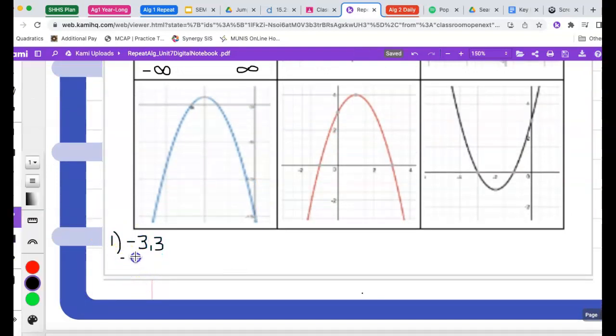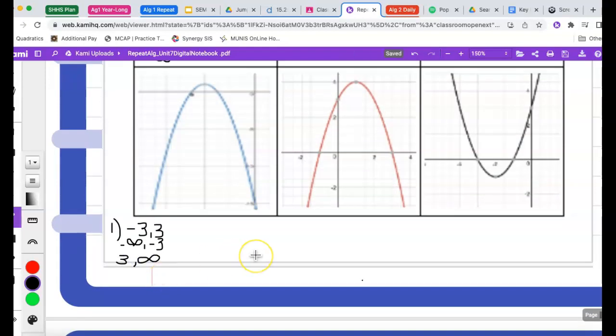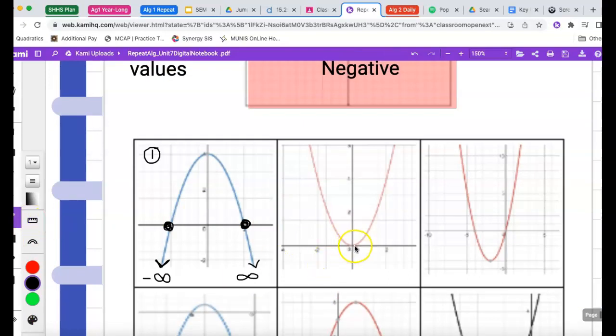So we're going to write those down for our negative portions for number 1. From negative infinity to -3, and from +3 to positive infinity. So we're basically just flipping those for our negative intervals. Here are our x-intercepts for number 2. Okay.